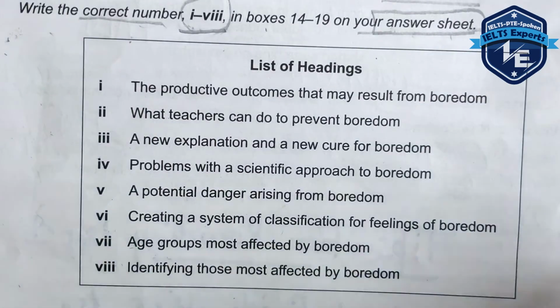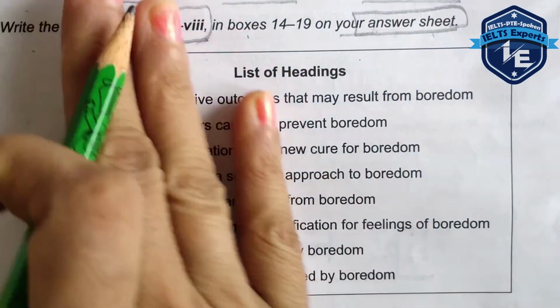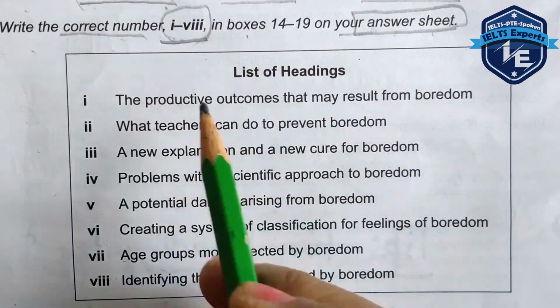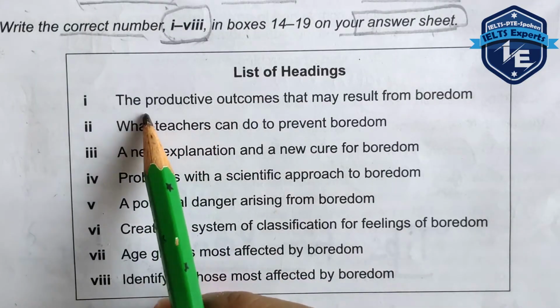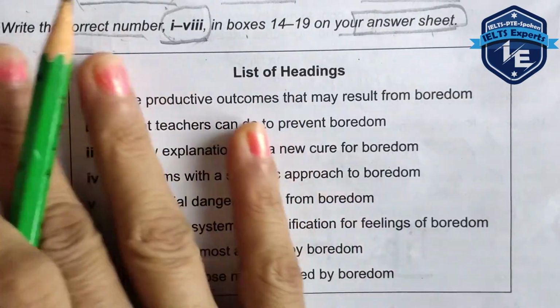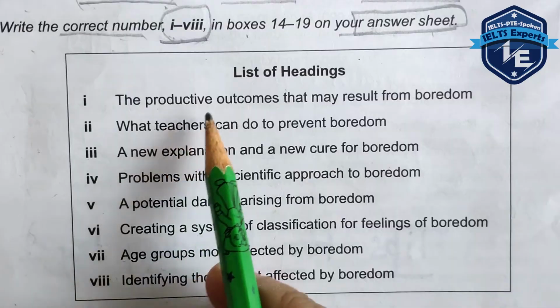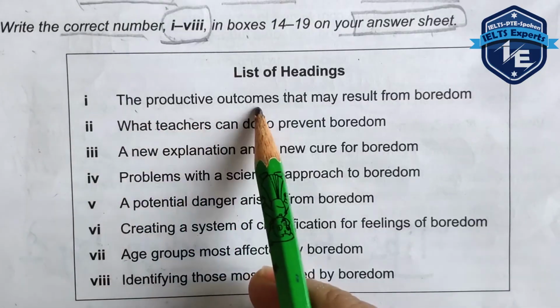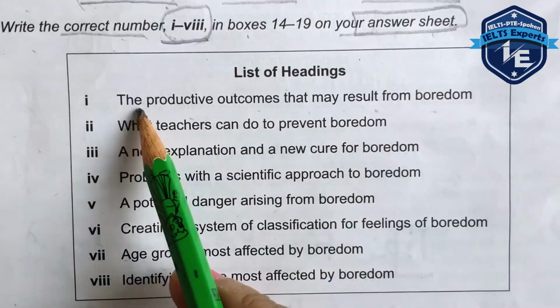Okay, these are the list of headings, and we will try to understand the meaning of these headings. The productive outcomes that may result from boredom.